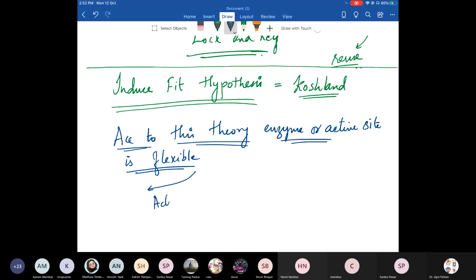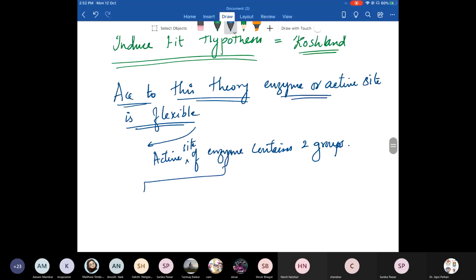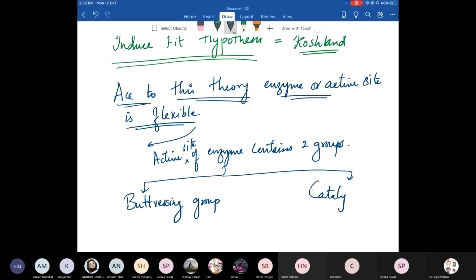Active site of enzyme contains two groups. One is the buttressing group. The other is the catalytic group.